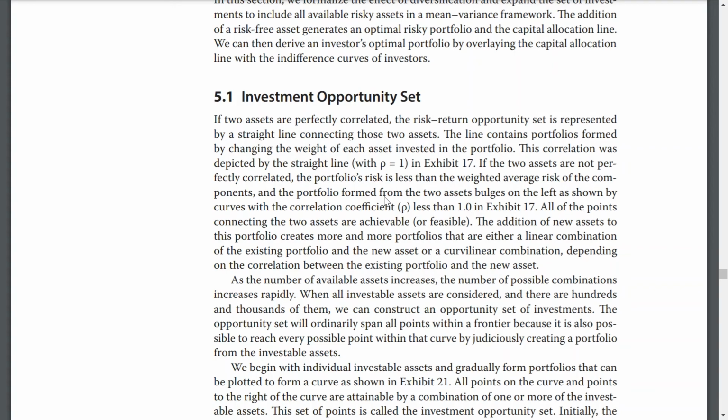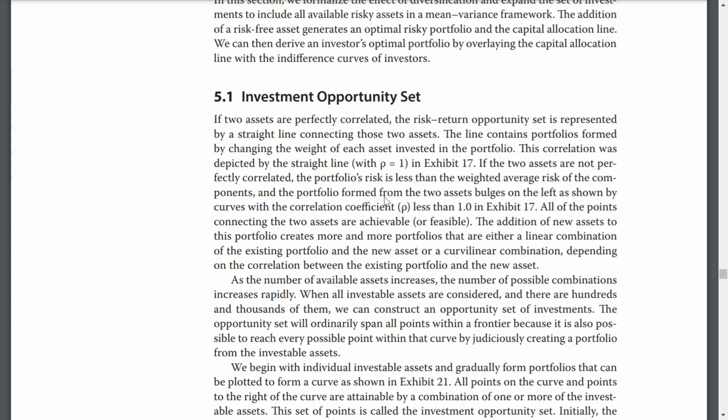If the two assets are not perfectly correlated, the portfolio's risk is less than the weighted average risk of the components, and the portfolios formed from two assets bulge to the left, as shown by curves with the correlation coefficient ρ less than 1. In Exhibit 17, all the points connecting the two assets are achievable or feasible.